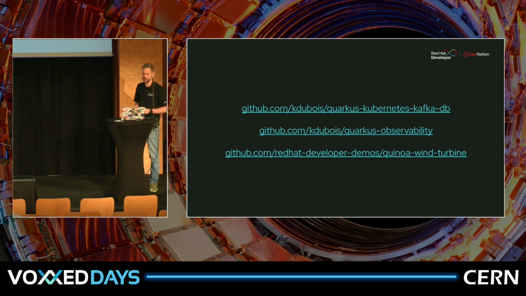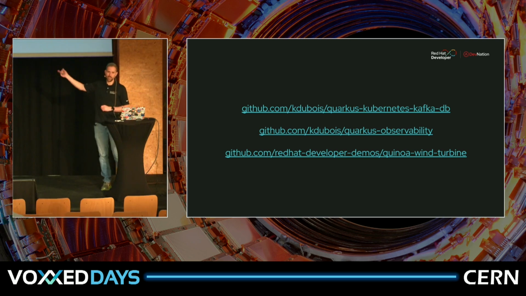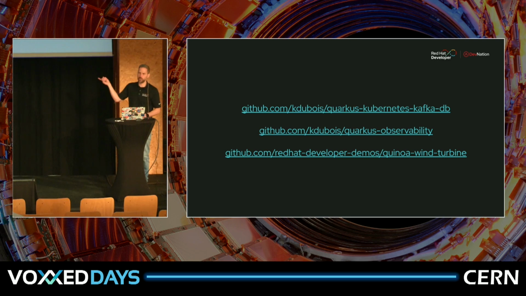I'm happy to help more. Quarkus observability goes a little bit more into that, and then the car racing game source code is there as well. You do need an OpenShift cluster for the Quarkus game, the way that we described the instructions at least. If you deploy it on a different Kubernetes, let me know. It'd be cool to see it there as well.